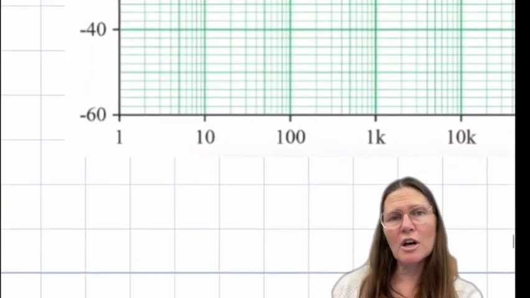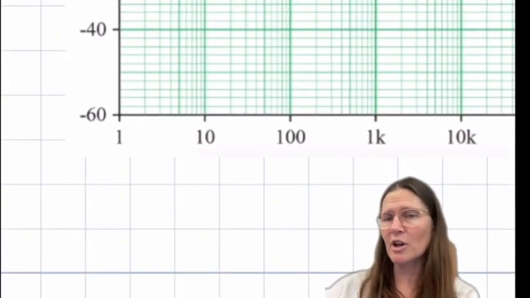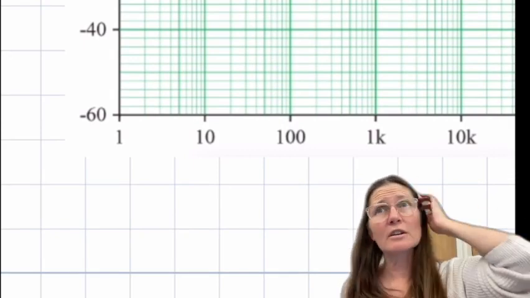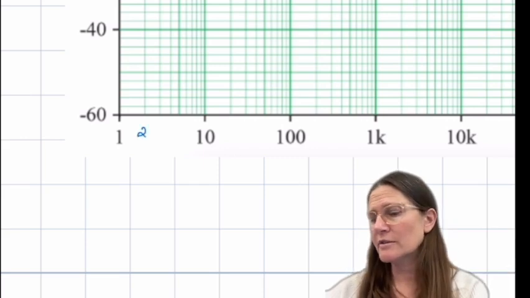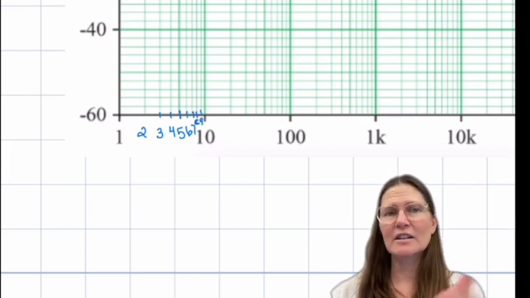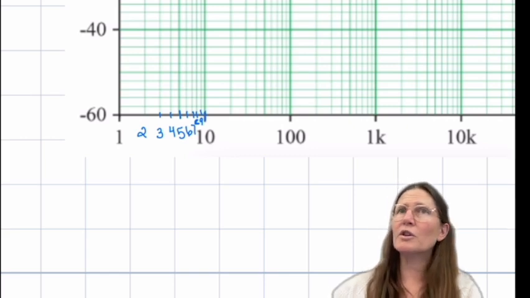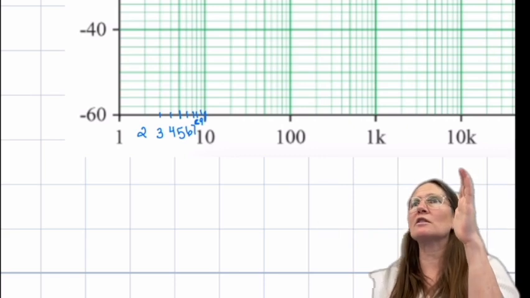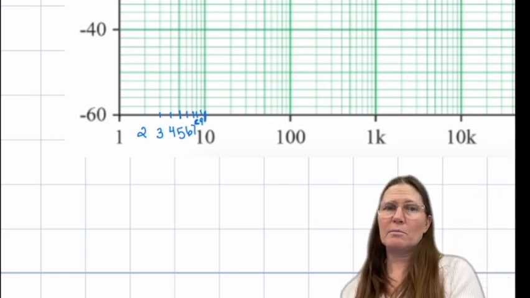How you do a log graph is that the first division is 1 increment, and then the next one would be next. This would be 3, 4, 5, 6, 7, 8, 9 to the 10th. So with a log, it actually has a large division, and then it goes smaller as you get to the next 10th.